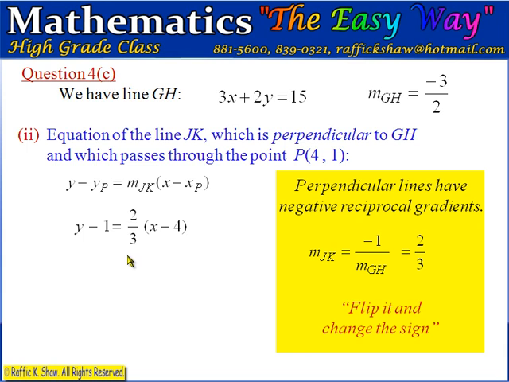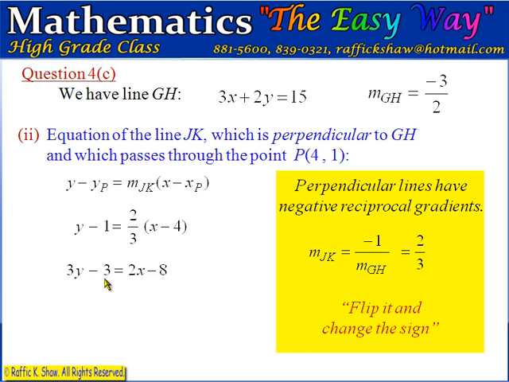And when we simplify this equation by multiplying this 3 across here and multiplying this 2 inside here, this reduces to 3y minus 3 equals 2x minus 8. This 3 we multiply across by the y and the minus 1 to get 3y minus 3, and this 2 we multiply inside here. And that's a quick and easy way of simplifying this equation.